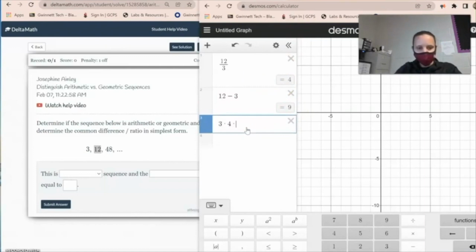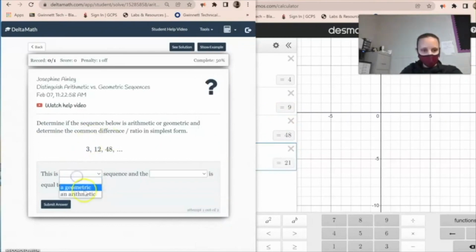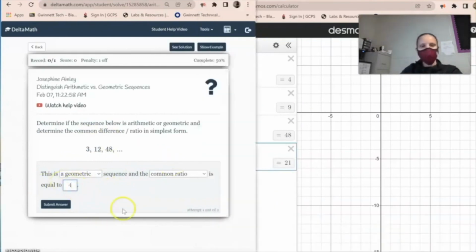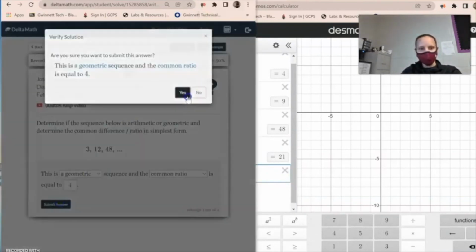If I do times 4 again, do I get 48? I do. Whereas with this one, I'm adding 9, right? So this one is saying 3 plus 9, I get the next number 12, but if I add 9 again, do I get 36? I don't. So this one is geometric, and the sequence has a common ratio, and it's equal to, what was I multiplying by? 4. Okay, so once you decide which one it is, you answer the questions.